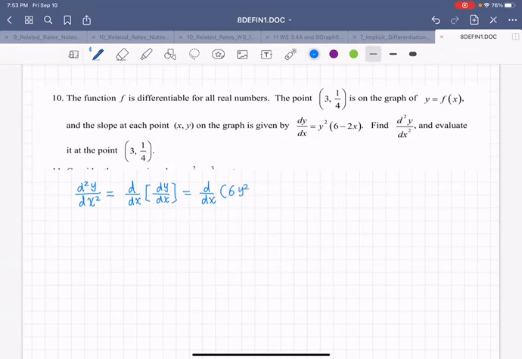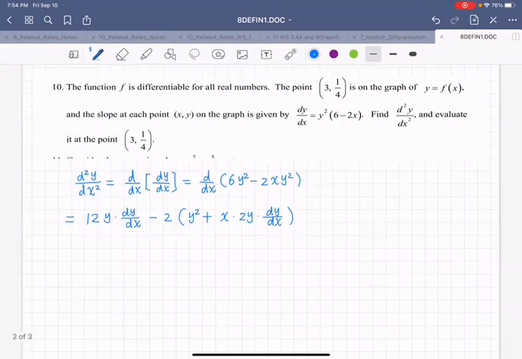So it's 6y squared minus 2xy squared, equals 12y times dy over dx minus, the derivative of x is 1 times y squared plus x times 2y times dy over dx. There you go.